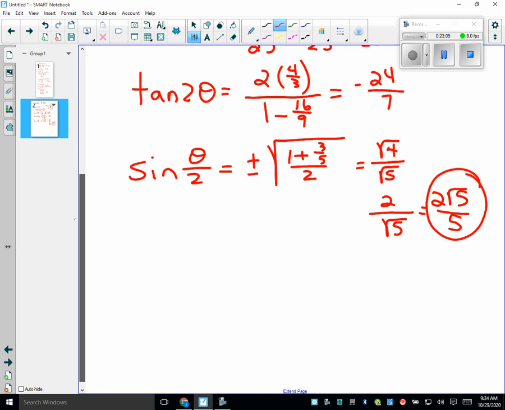Now let's do the cosine. What's the difference? It's 1 plus cosine. So it is, under the radical, 1 plus, or 1 minus, isn't it? 1 plus a negative 3/5 over 2. Right? Which is what?